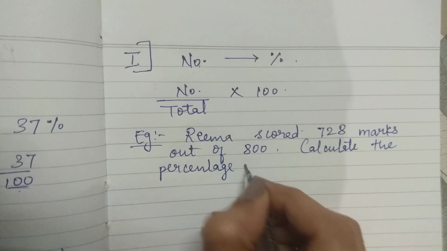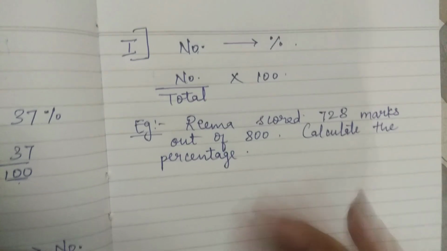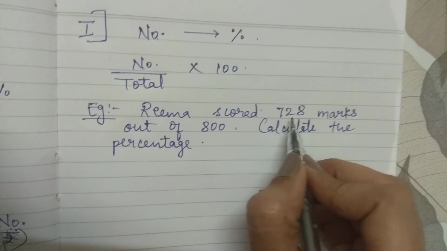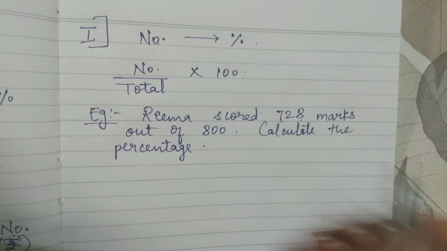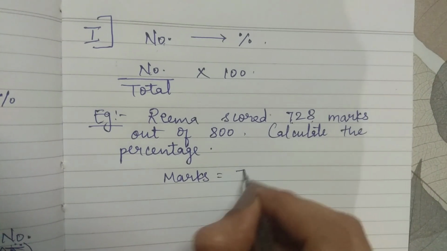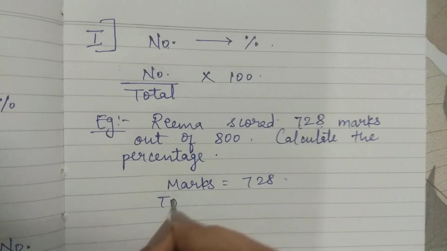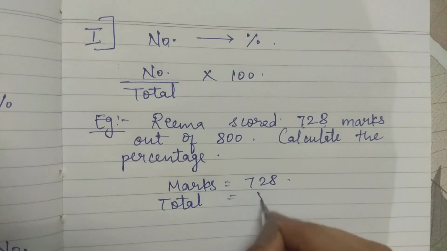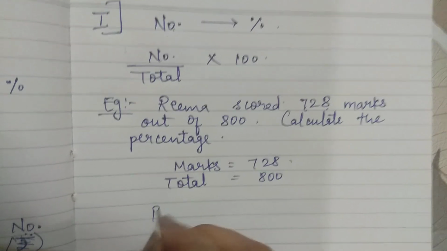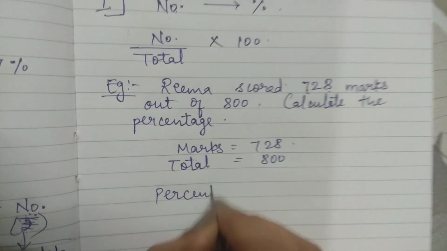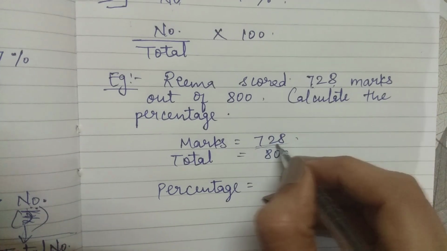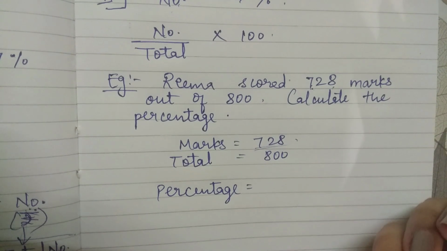Obviously we take out the percentage of our marks, so this is the common example we can take. Now what marks did she get? 728 marks. What are the total marks? Total marks are 800. What we have to find? Percentage. Okay, so this marks means how many percentage.